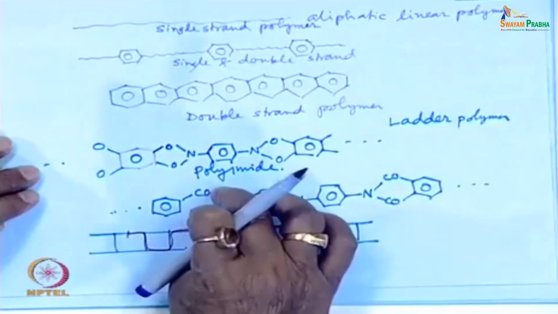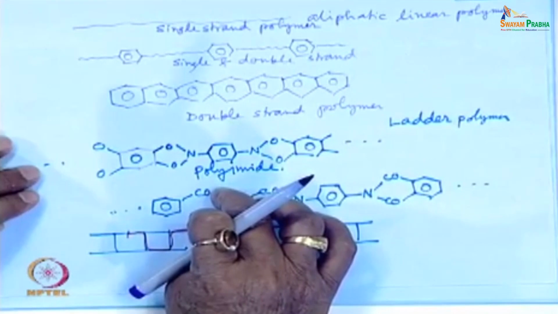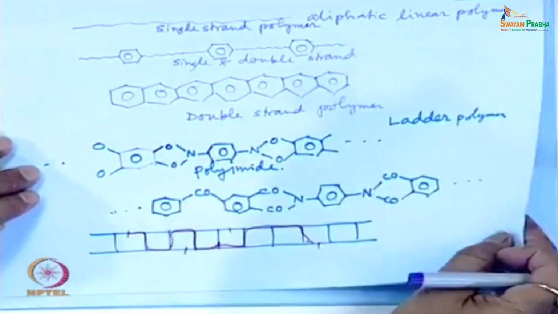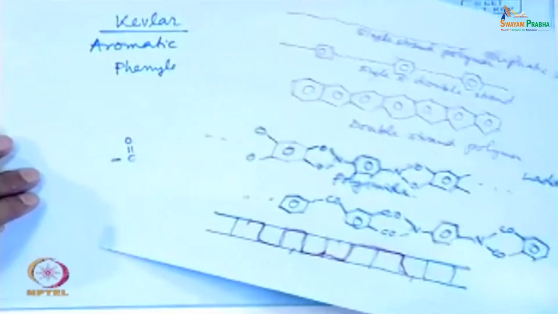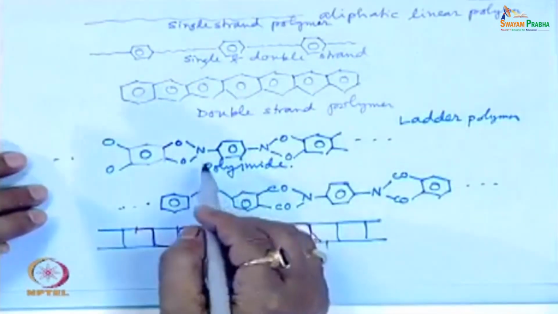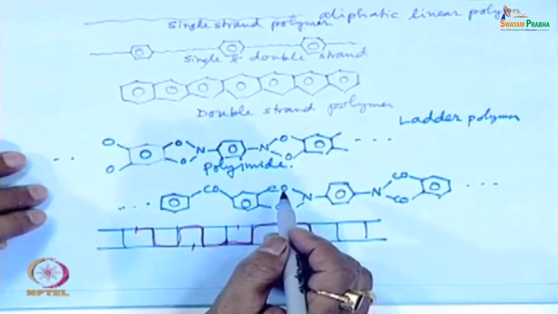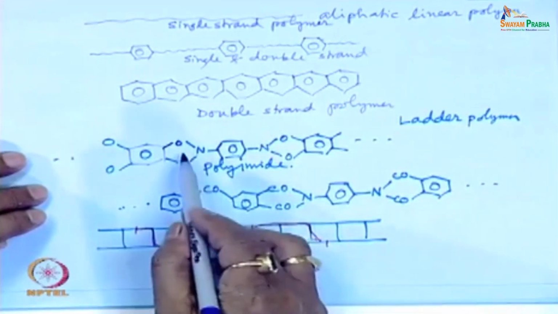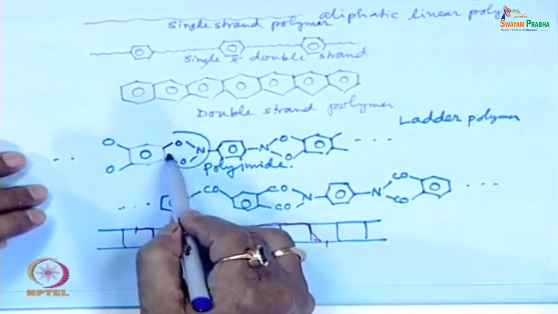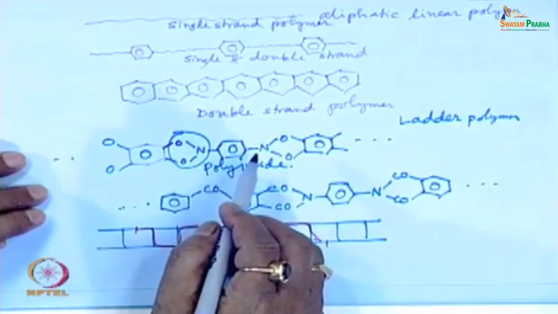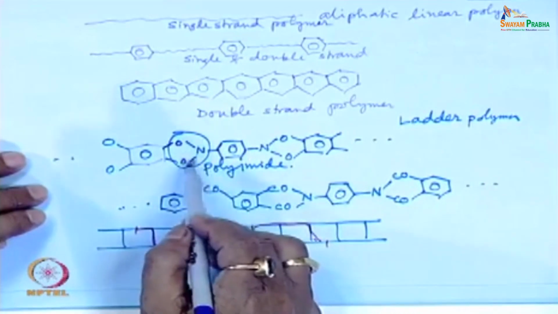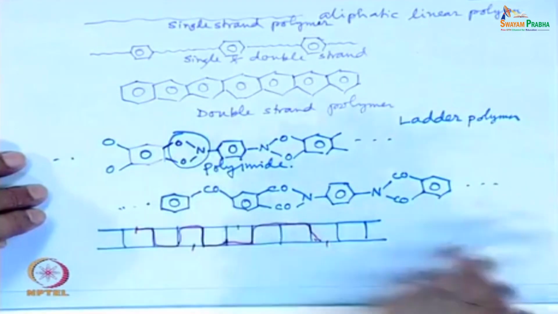When this kind of polyimide was developed, it was abandoned due to its lack of processability, but scientists could develop its processability through the route of polyamic acid. Now, this imide ring, once it is formed, it is difficult to further process. So, what happens?